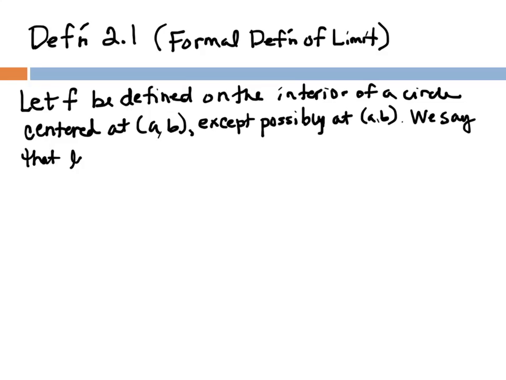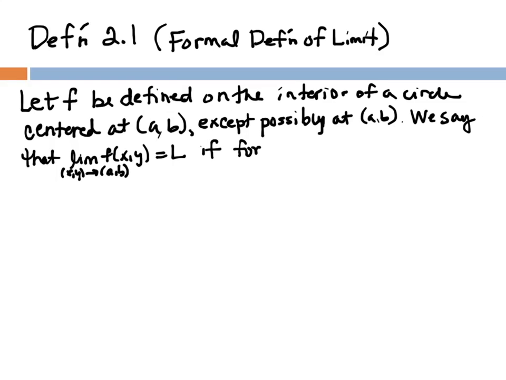that the limit of our function f of xy as xy approaches AB is the limit value L if, and then Caleb, here's your epsilon and deltas you saw before, if, and I'll write it out in English instead of symbols first.